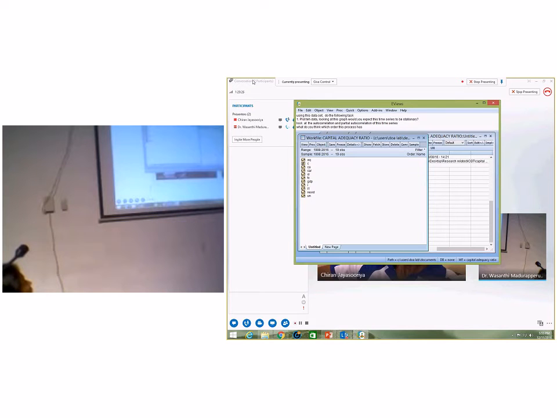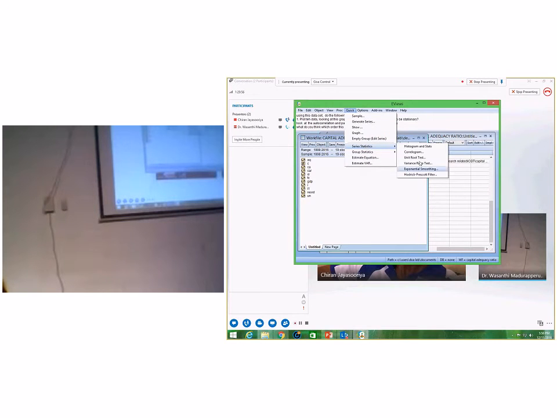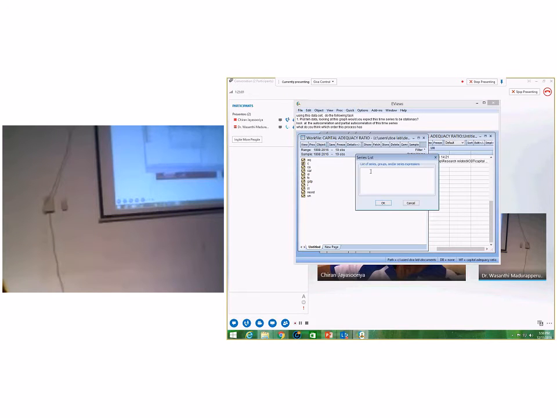Right, so then what you need to do is first go to what I told you to do, go to the Quick menu and Graph, right?